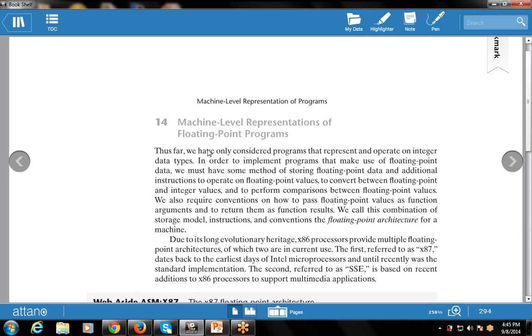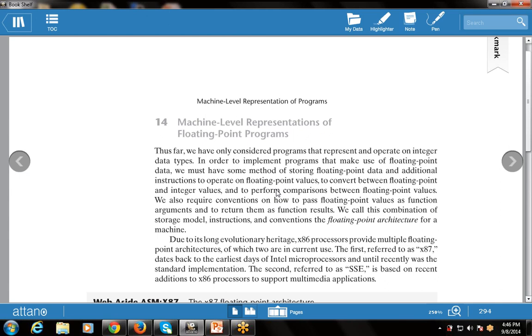In order to implement programs that make use of floating point data types, we must use some method of storing the floating point data and additional instructions to operate on floating point values. We also require conventions on how to pass floating point values as function arguments and to return them as function results.